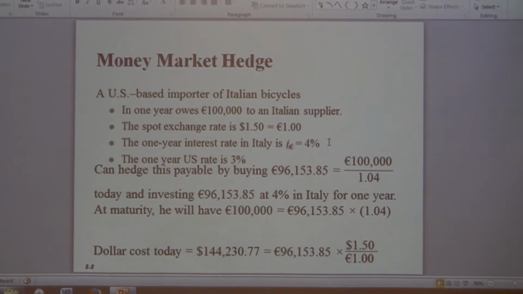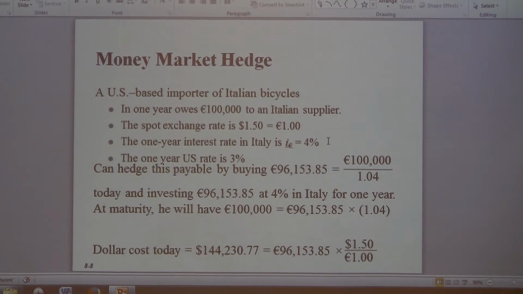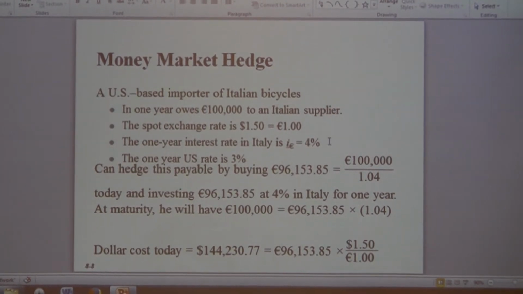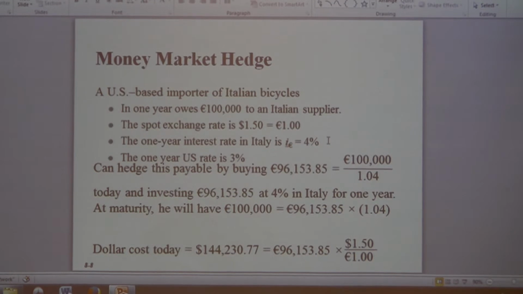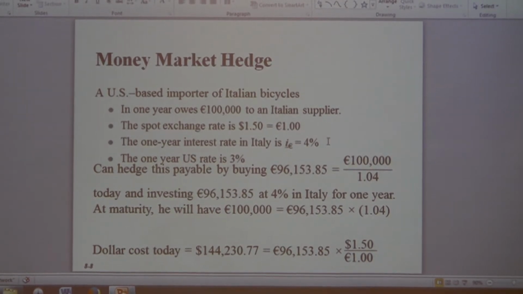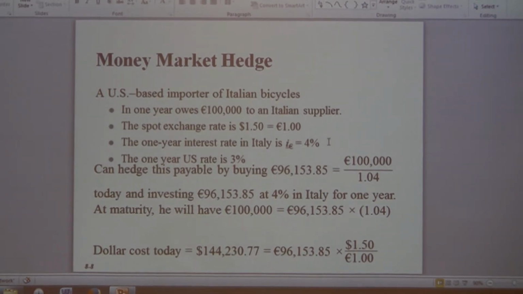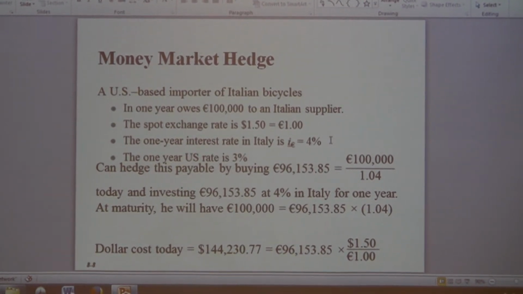So what we do here is step 1, find present value in foreign currency of payment owed. And that is like the first step. So here, the payment you owe is 100,000 euros. We want to divide that by 1 plus the interest rate in euros.